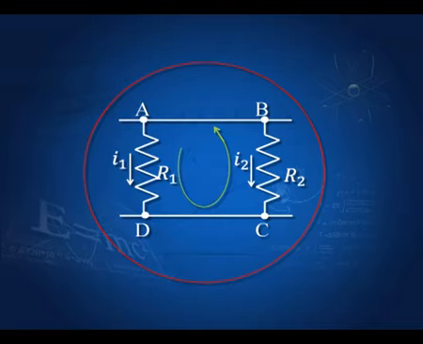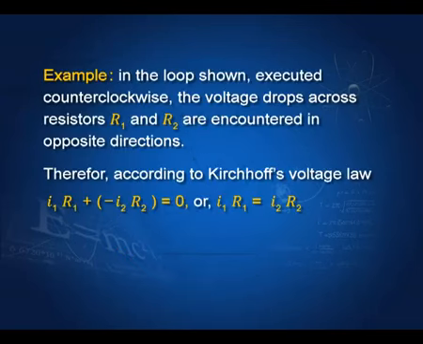Then this current I2 is in the direction opposite to the counterclockwise direction, and therefore, the potential drop across R2 must be negative. So, I1 R1 plus, algebraic sum we have to take, minus I2 R2, that is equal to 0, or I1 R1 is equal to I2 R2. That is the statement, in fact, that they have a common potential difference.